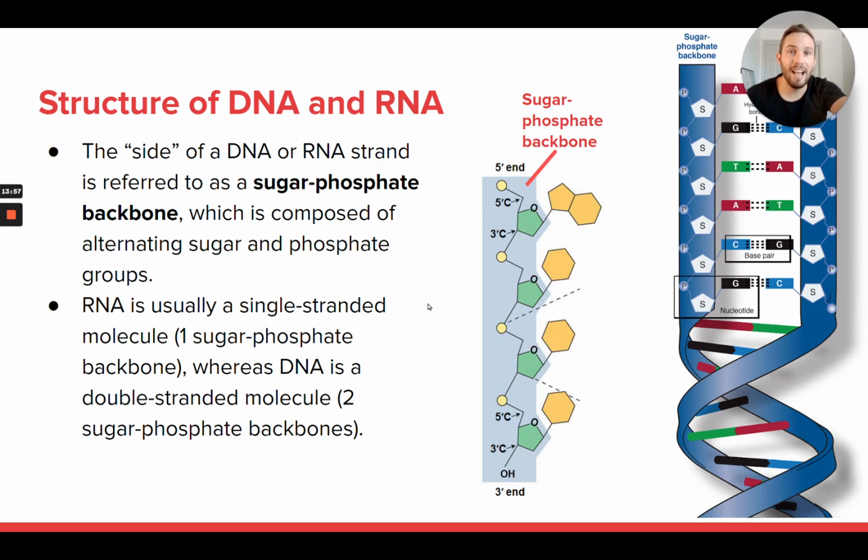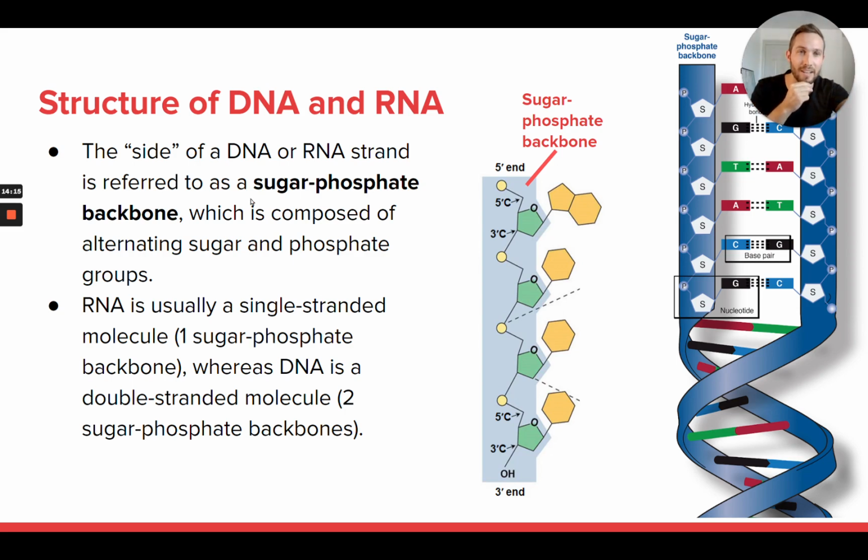So now if we look at the actual 3-dimensional structure of DNA and RNA and look at how they're different, and similar in a lot of ways. First of all, both DNA and RNA have what's called a sugar phosphate backbone, which is kind of like the sides of the molecule.